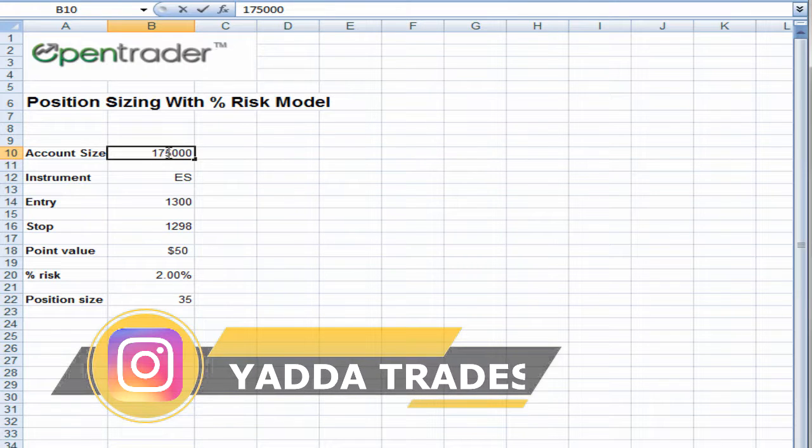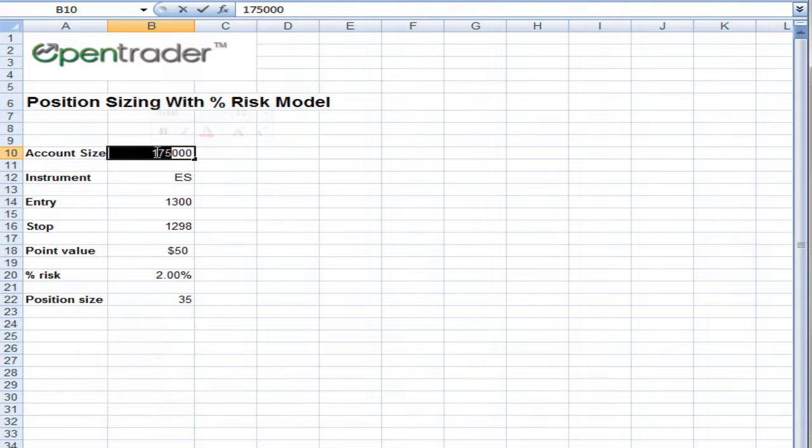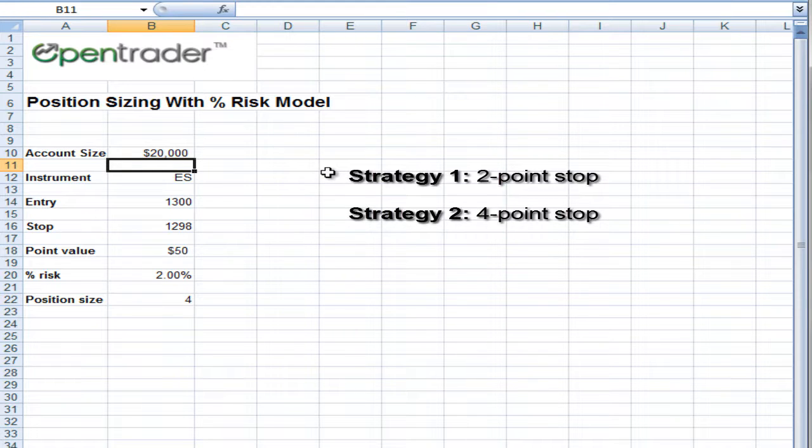Let's just take this back to 20,000 to be more applicable to most beginning traders. All right? So let's say I have a $20,000 account, and strategy 1 uses a 2-point stop, okay? And strategy 2 uses a 4-point stop. And this is just for simplicity's sake.